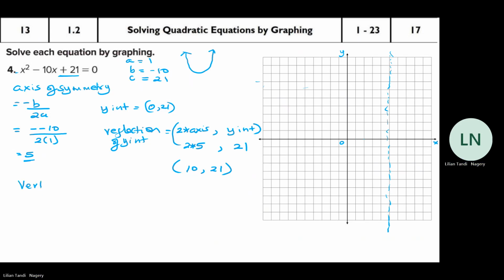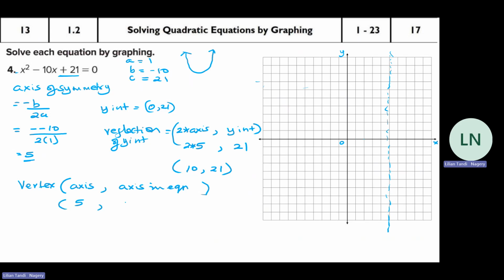Okay? Then let's do vertex. Vertex is axis, and axis in equation. Axis is 5.